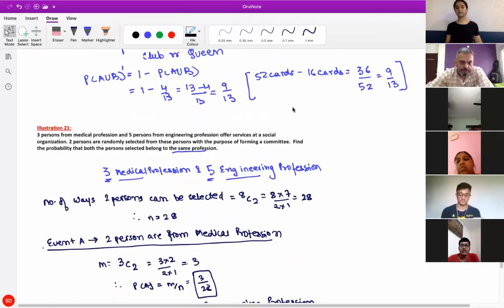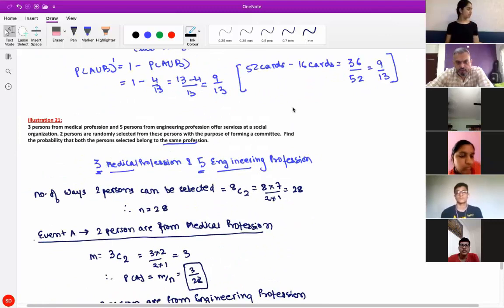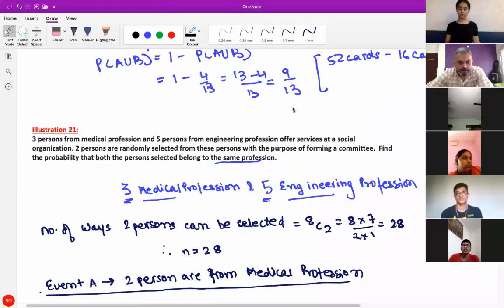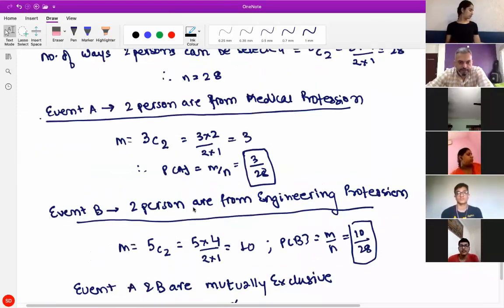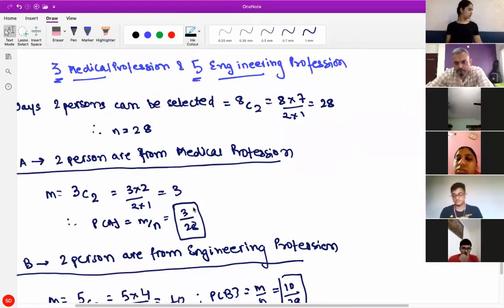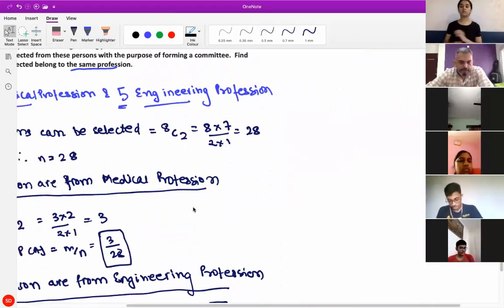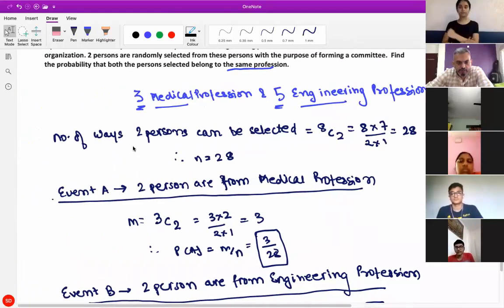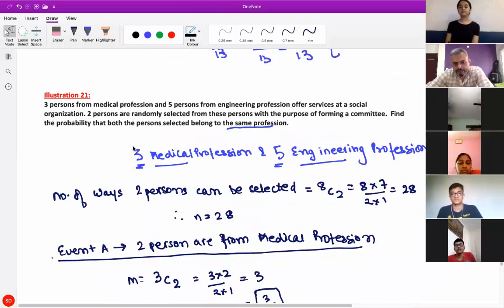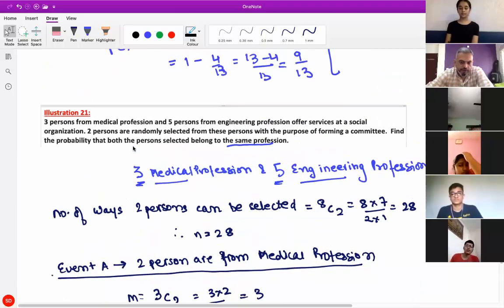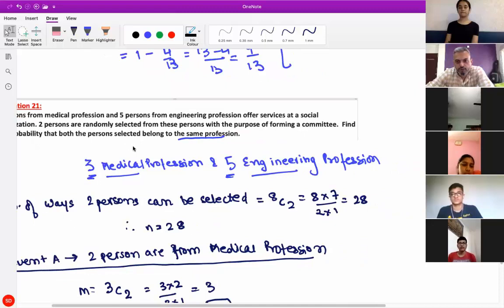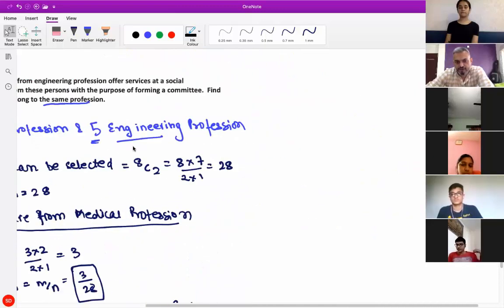Now see, this sum 21, without doing this event A, event B, directly also we can do it, okay? But wherever it is given that you have to find something like this, where there are two professions and you have to select both from the same profession, so either A or B, then it is advisable to use law of addition of probability.